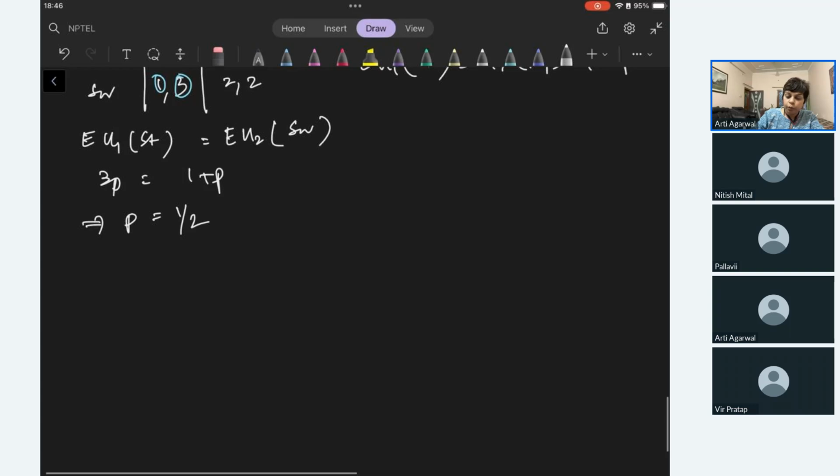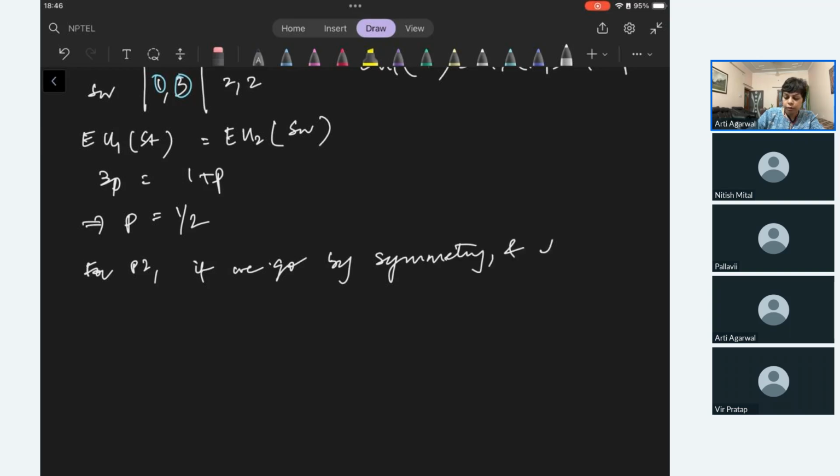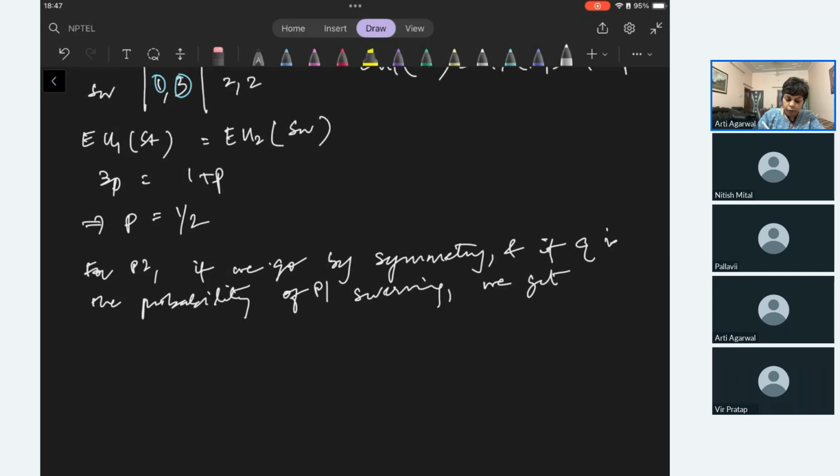Now by symmetry, if you want to calculate it for P2, and if Q is the probability of P1 swerving, we will get Q is also equal to half.